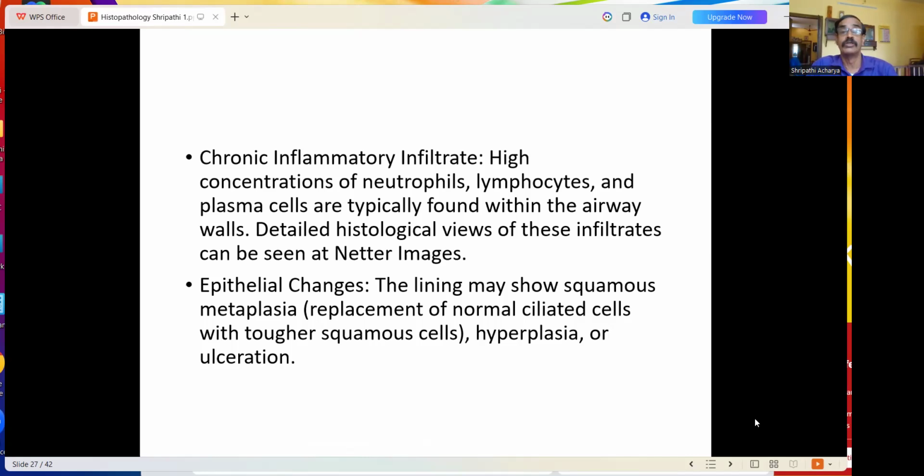Detailed histological views of these infiltrates can be seen in images. Epithelial changes. The lining may show squamous metaplasia, replacement of normal ciliated cells with tougher squamous cells, or ulceration.